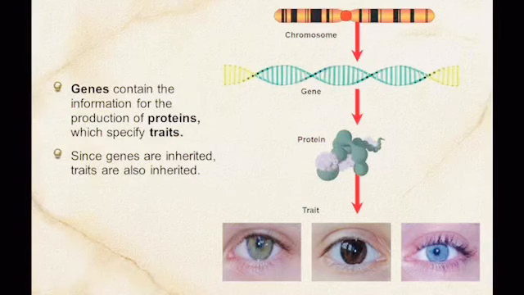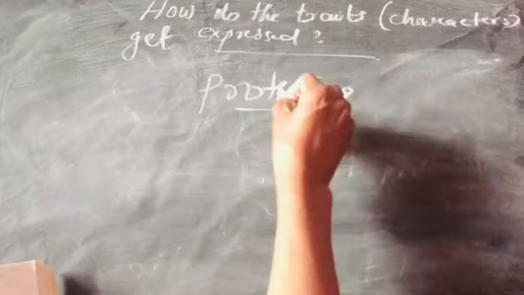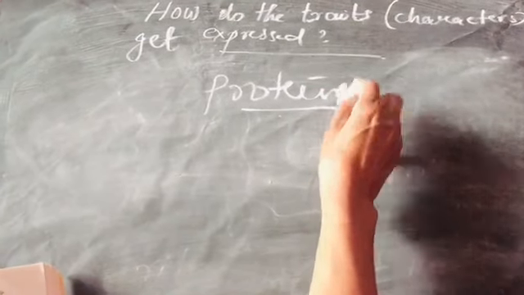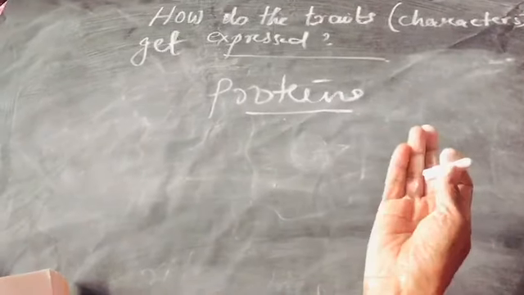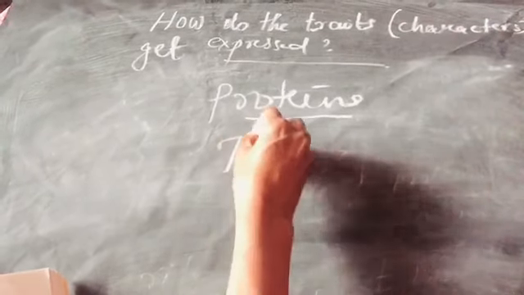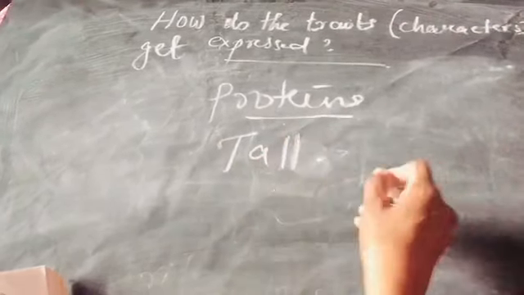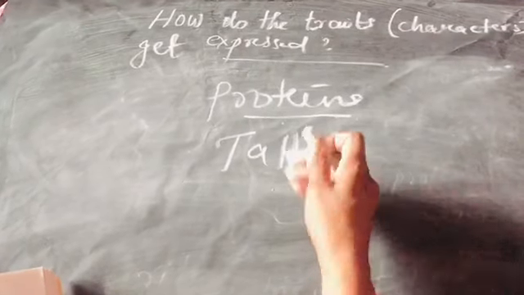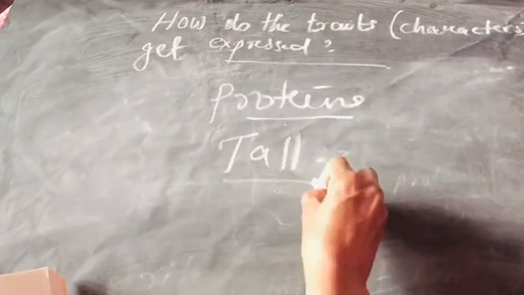Proteins are responsible for making characters. Let us see how the proteins make the characters. For example, let us talk about a plant, the length of the plant. Suppose we are talking about a baby plant which is supposed to become a very tall plant.